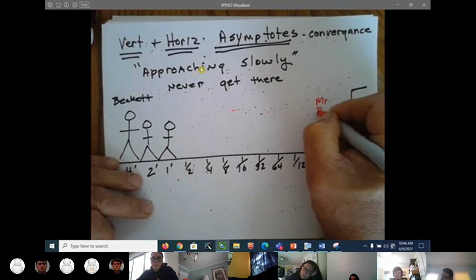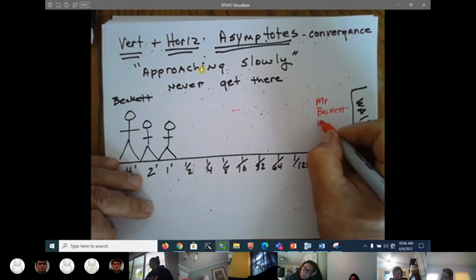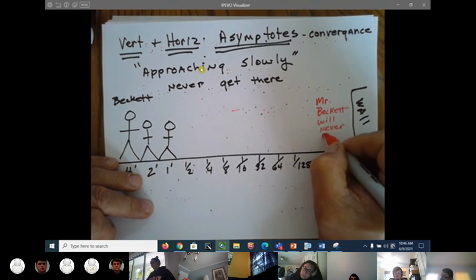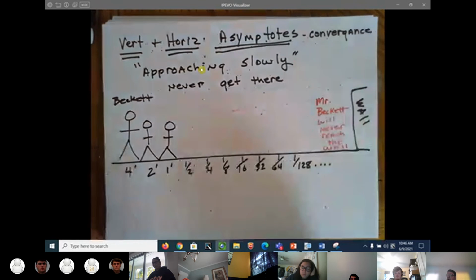Mr. Beckett will never reach the wall. Now, you have to think out of the box here. Can Mr. Beckett take 1/64th of a foot of a step?